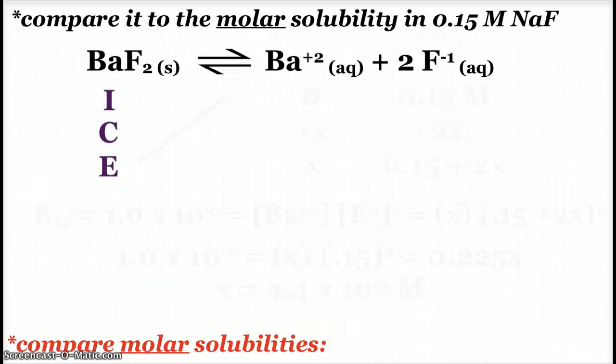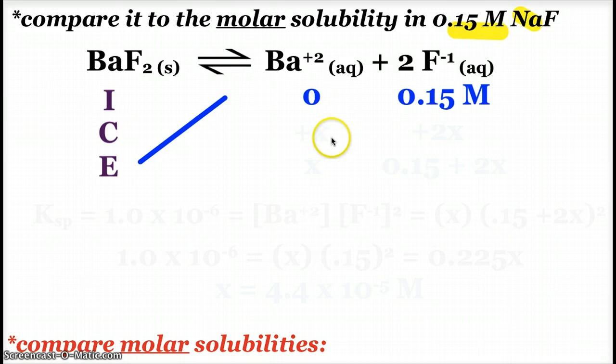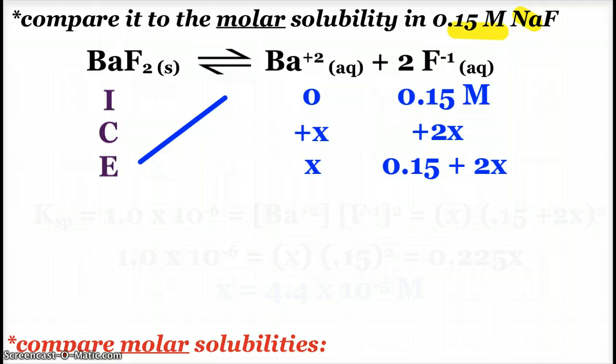So now I want to do the same thing, but this time in 0.15 molar sodium fluoride. Of course, ignore the sodium, so I'm just using this 0.15 for the fluoride concentration. So that's my initial conditions, same change, and so at equilibrium, I'll have X and 0.15 plus 2X.